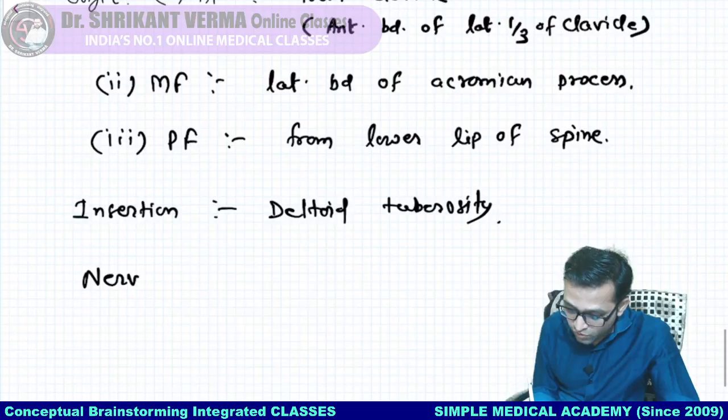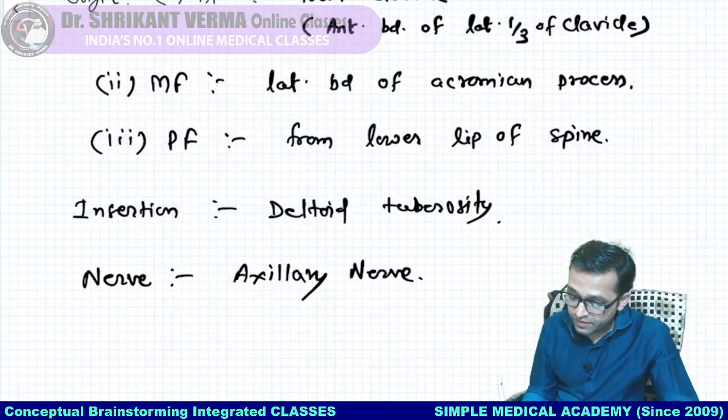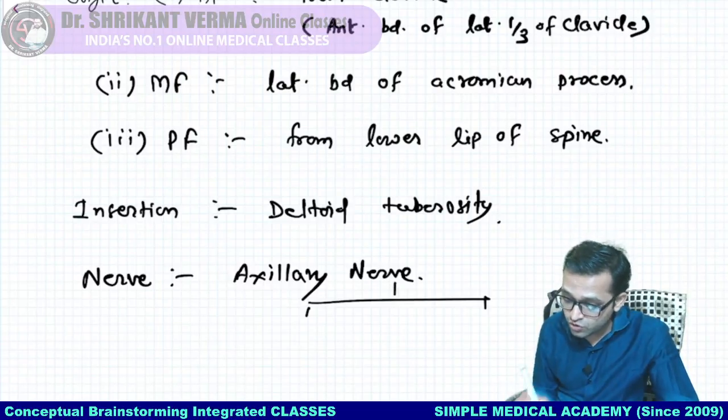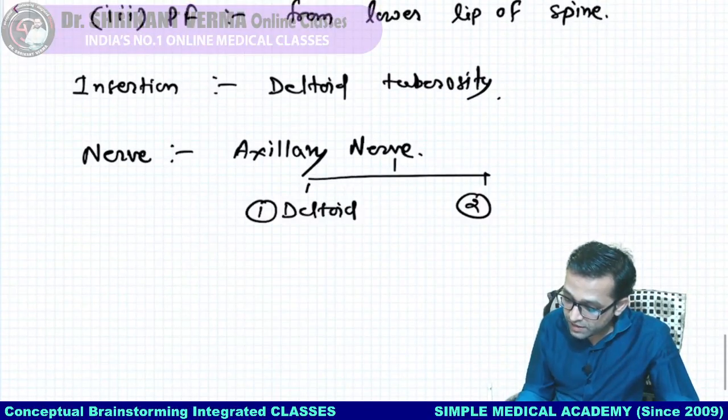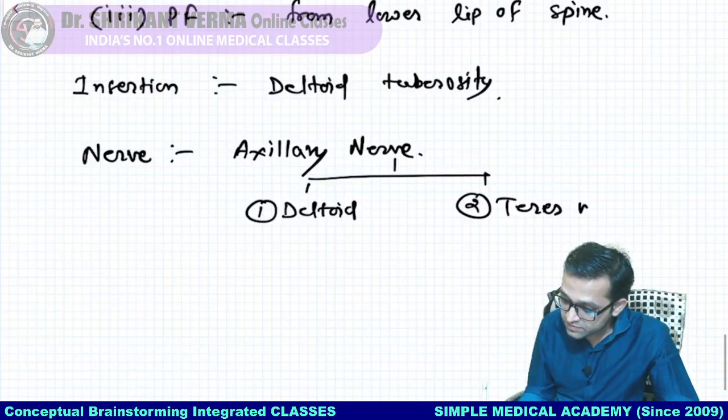Nerve supply, no excuse: axillary nerve. MCQ: this axillary nerve supplies only two muscles. First is the deltoid, another is teres minor.